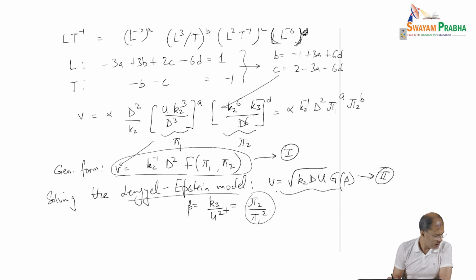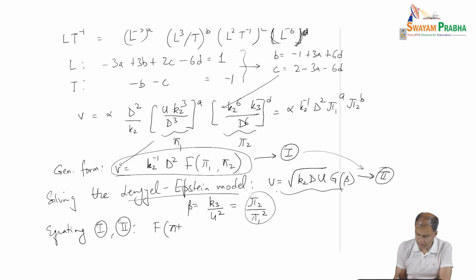And now if we were to look at these groups, we see that equating the form 1 and form 2, because they both represent the same quantity, the velocity of the pattern formation, we find that f of pi 1, pi 2 is square root pi 1 times g of pi 2 by pi 1 square.